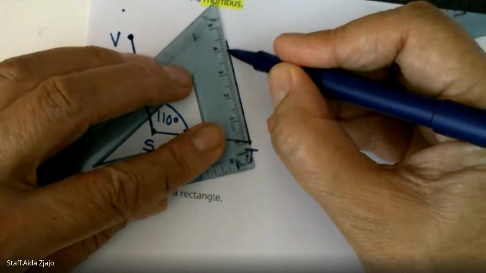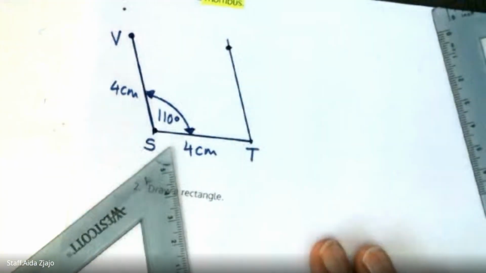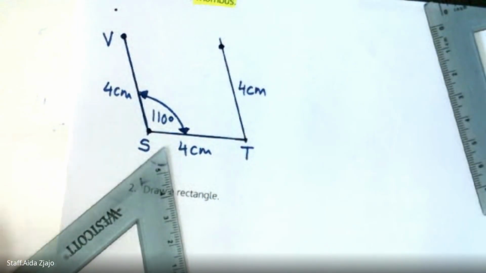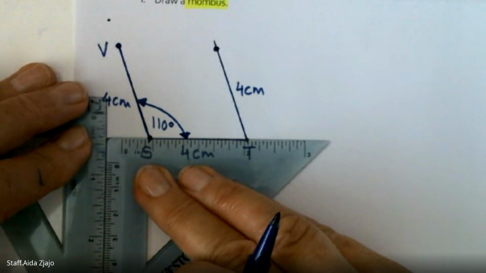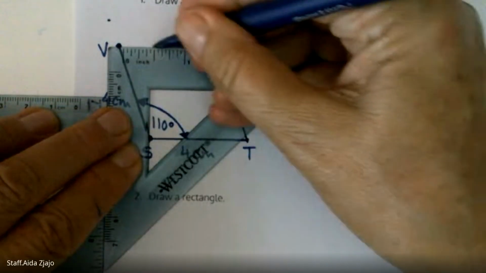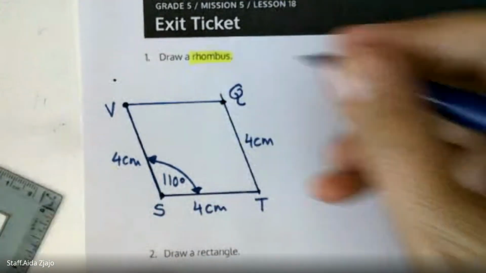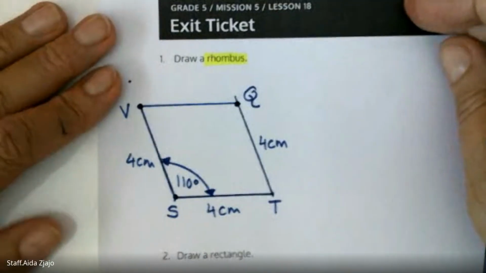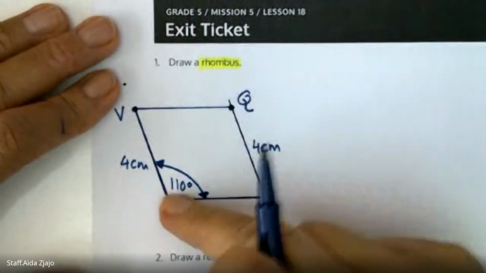It's a little bit bigger than I need it to be. So that is 4 centimeters. Now from ST is going to be the same to Q. All right. So now I created a rhombus, and a rhombus has opposite angles the same.